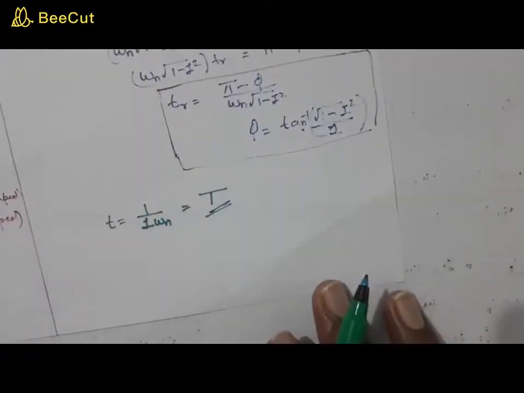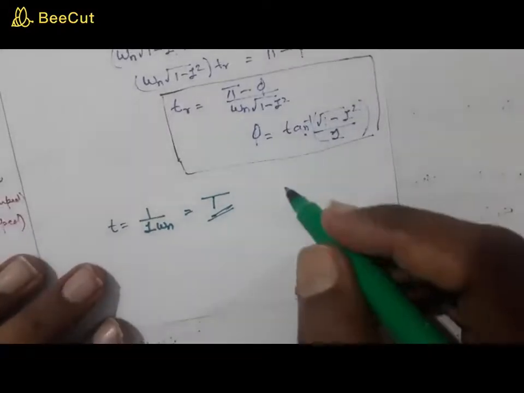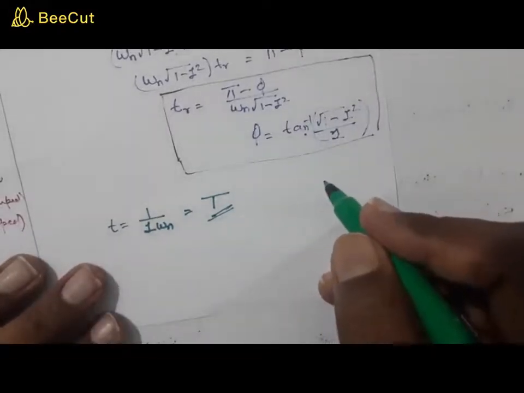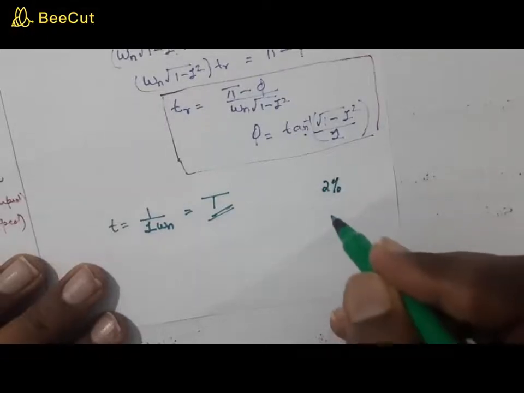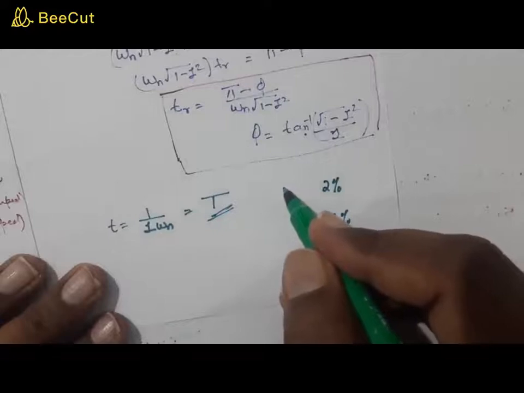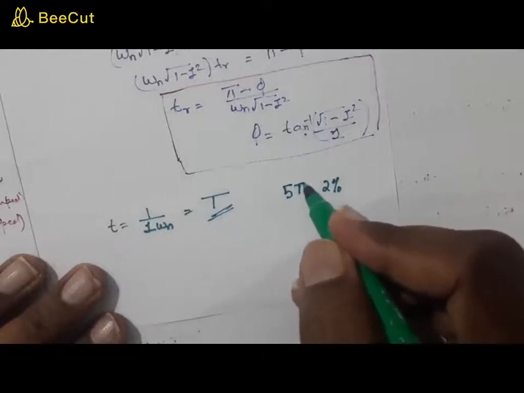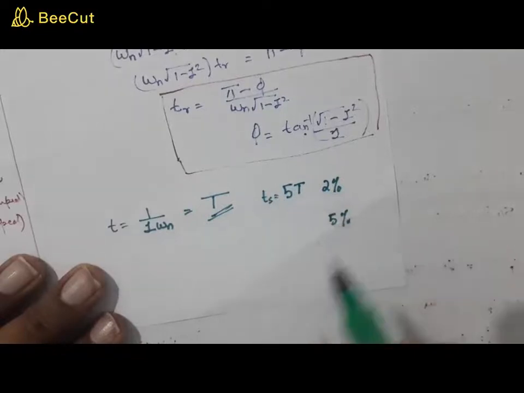We have seen in our previous discussion of the first order system that a designer can provide a 2% tolerance or a 5% tolerance. If you give a 2% tolerance, then Ts will be defined as 5T.